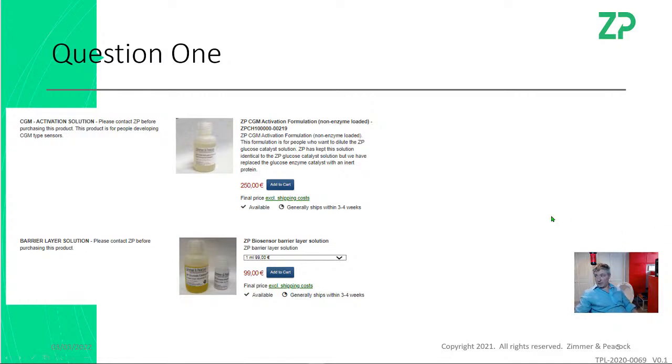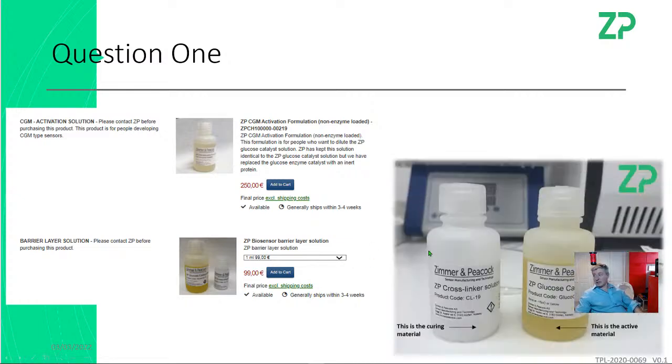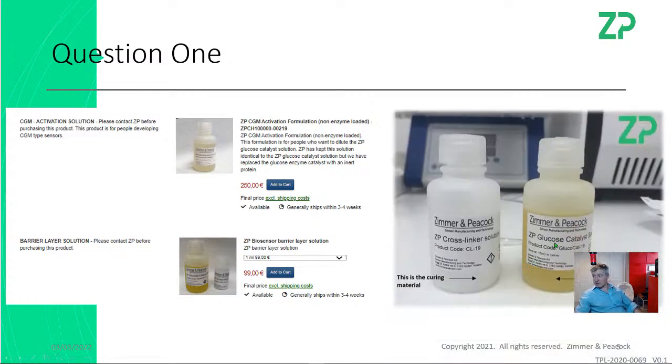If you're making what we call a generation 1 glucose sensor, and this is what this formulation is for, then you should be using platinum. And the yellow color that you see is the enzyme. The color itself is actually due to the enzyme. Glucose oxidase has this quite distinct yellow color about it.